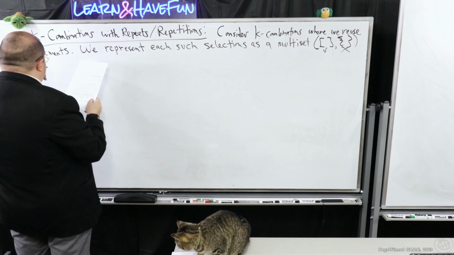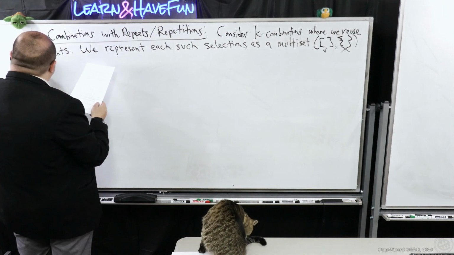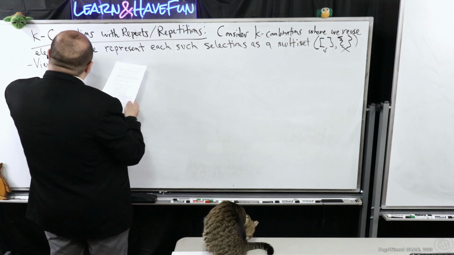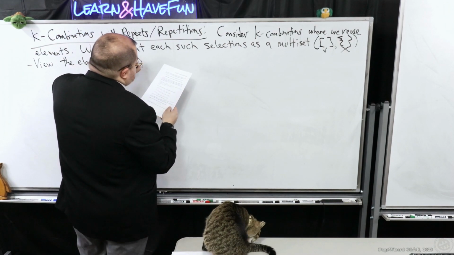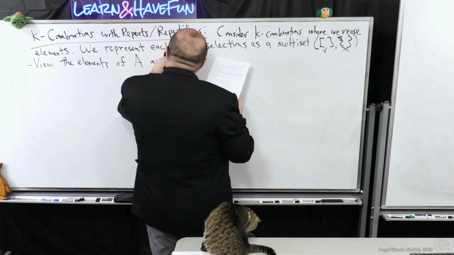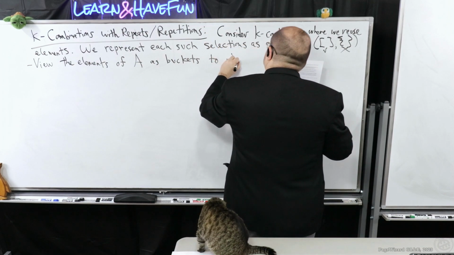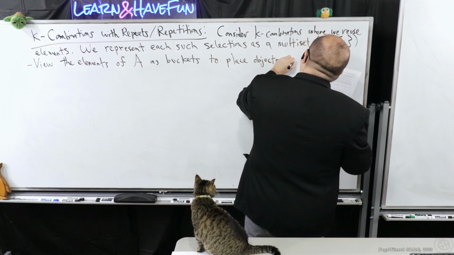I'm going to view this in a somewhat different way: we're going to view the elements of A as buckets to place objects, one for each element in A.